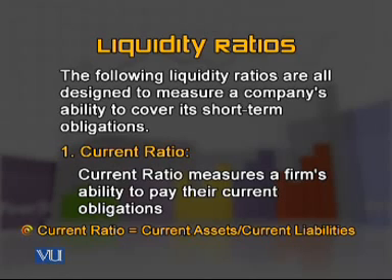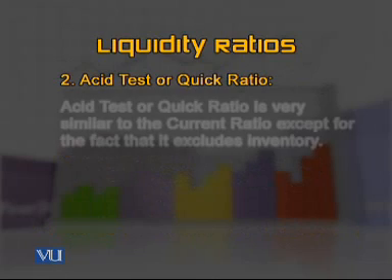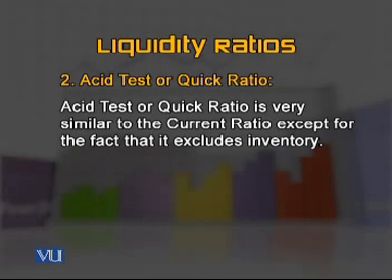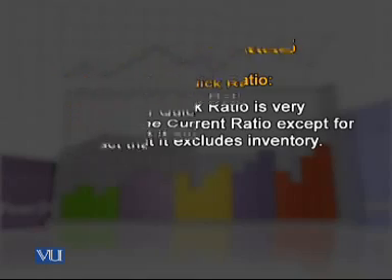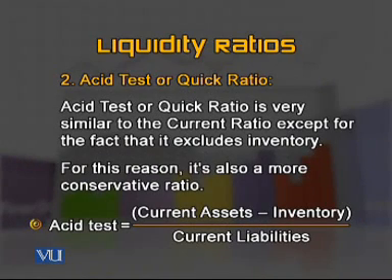A different version of the current ratio would be an acid test or a quick ratio, very similar to the current ratio, except for the fact that it excludes inventory. For the reason it is also known as a more conservative ratio, more factual, more realistic, because inventories have to be sold. So, the equation for an acid test is current assets minus inventories divided by current liabilities.